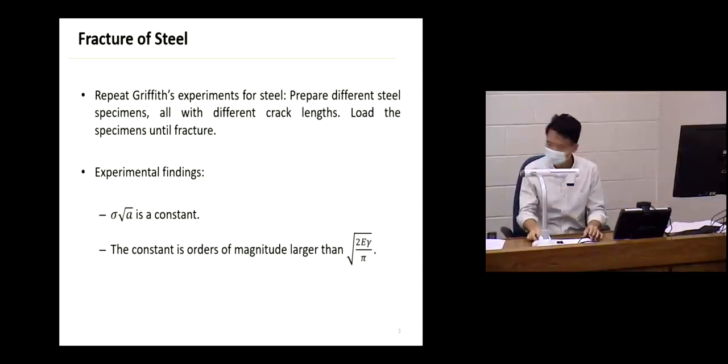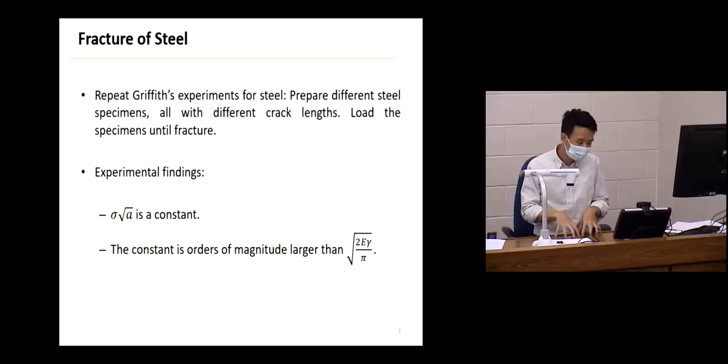So what is the issue here? Think about brittle fracture, and think about steel. Steel is not a brittle material. One of the most distinguishing features of a ductile material compared to a brittle material is the amount of plasticity happening in the material.